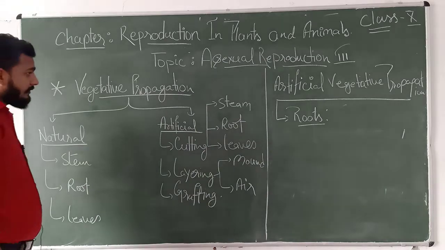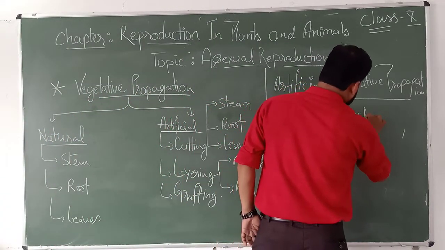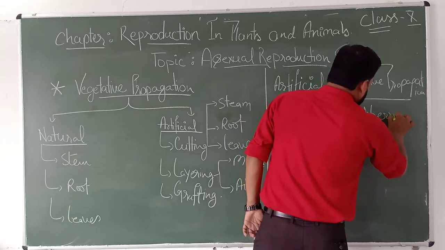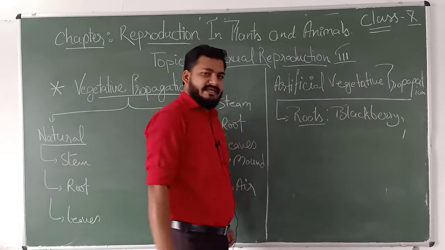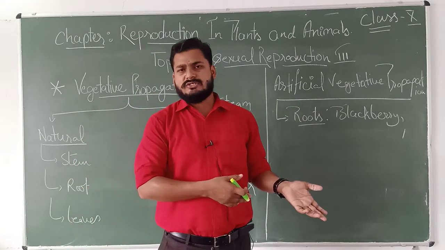We can talk about blackberry or tamarind. In this case, the root from the plant is taken and planted into the soil.